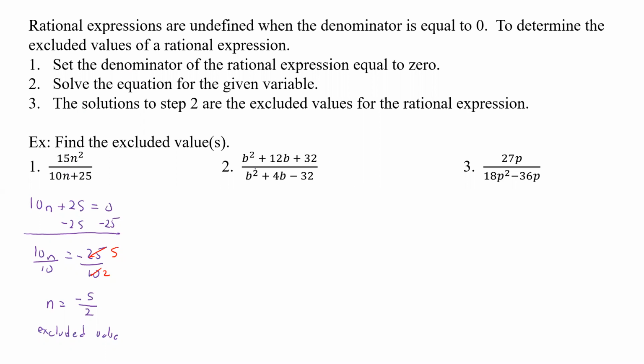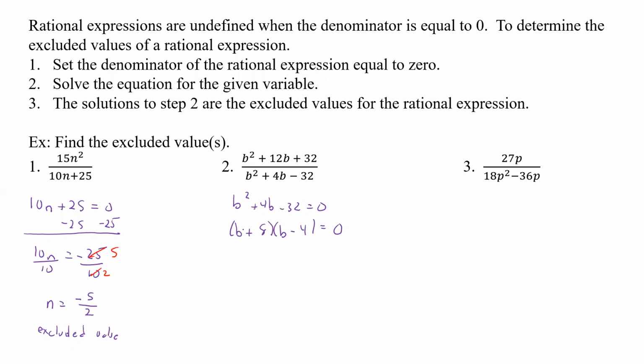Now here we have a squared, so we're going to expect two values. So we set that whole thing, b squared plus 4b minus 32, equal to 0. Now we get to factor. Well, b squared, that's only b and b. Now we have a minus, so that means one's plus, one's minus. And two factors of 32 that when subtracted give us 4. Well, 8 and 4 will work, and we need the larger to be positive because our center is positive.